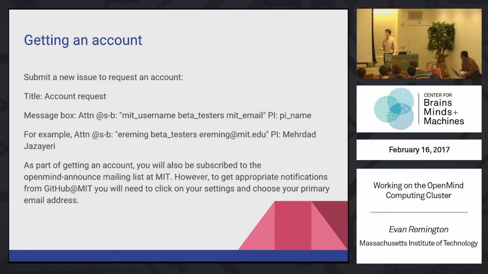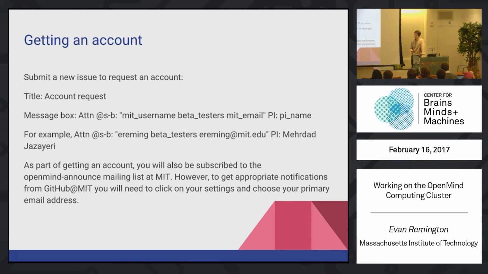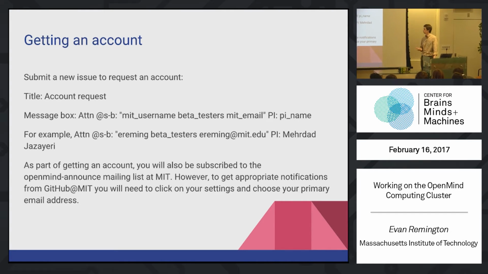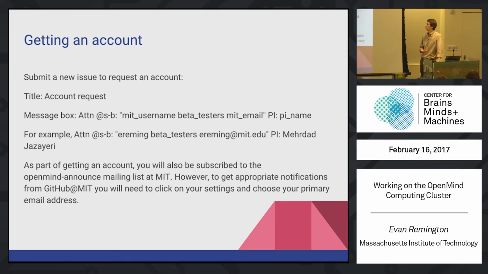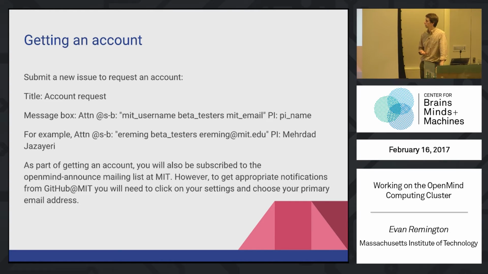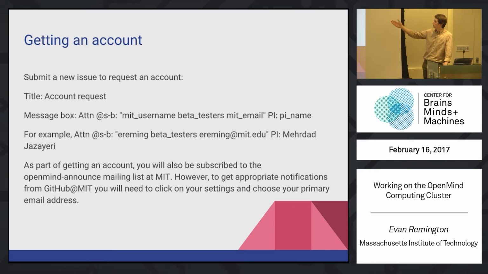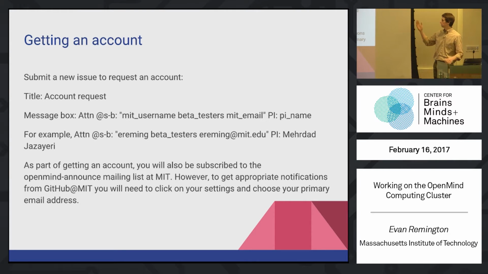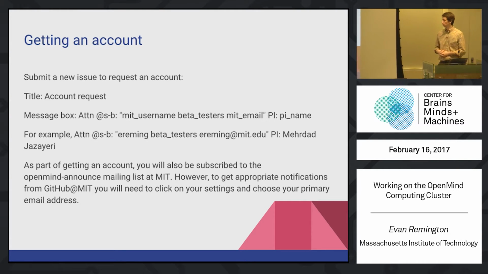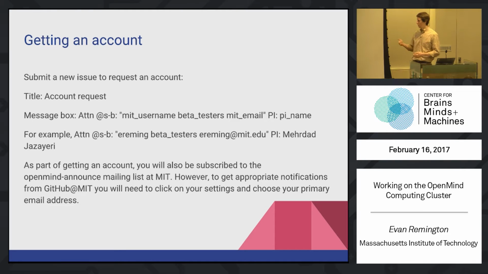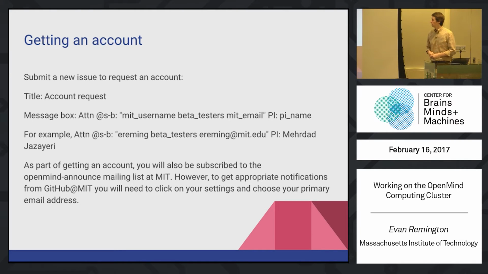Like if something's not working, or you don't know how to do something, or you just have a question, you can submit an issue to this GitHub repository. It's not really a repository. So you just submit an issue that is formatted exactly like this. You have to be either on a trial run or be paying the yearly fee at this point. And as part of getting this account, you'll be subscribed to the OpenMind announcement list.